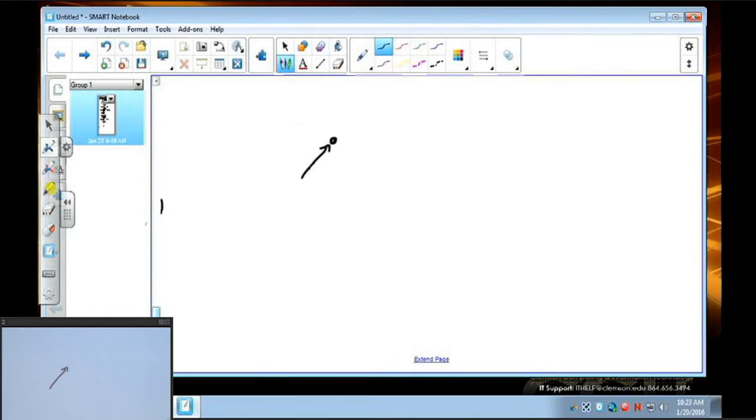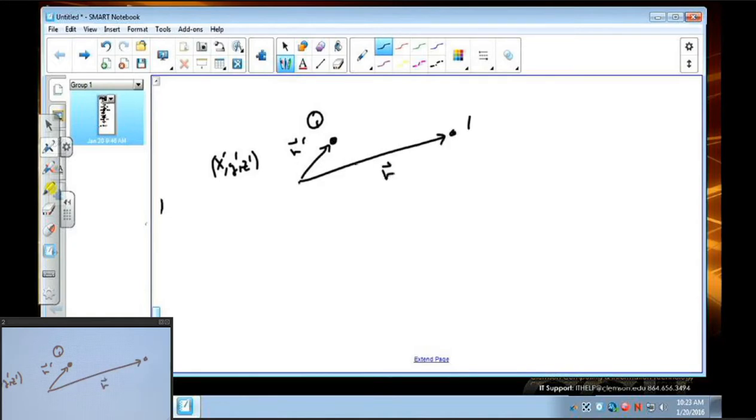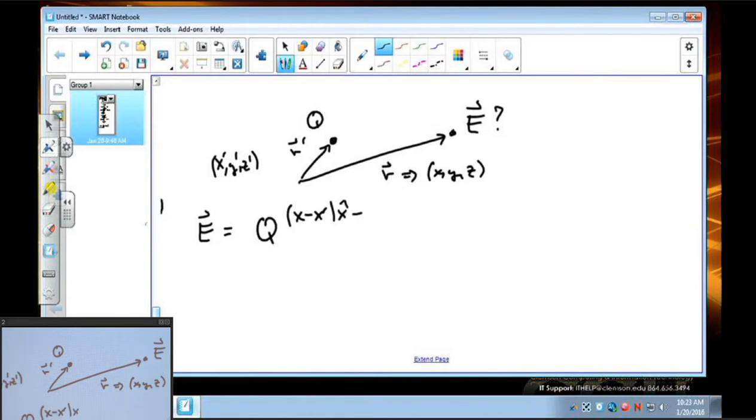So once again, if we have a charge Q at a position r prime, which has Cartesian components x prime, y prime, z prime, and we want to know the electric field at a position r, with Cartesian components x, y, z, of course, then as we've written down before, the electric field in Cartesian form looks like this. And this is useful for calculating things.